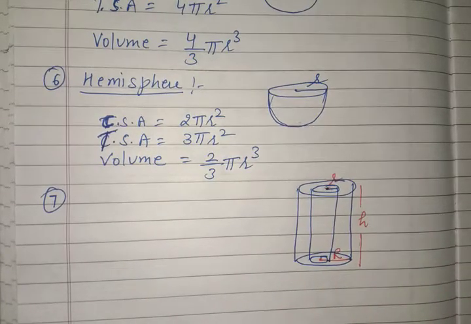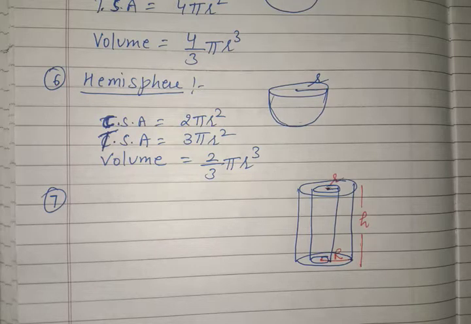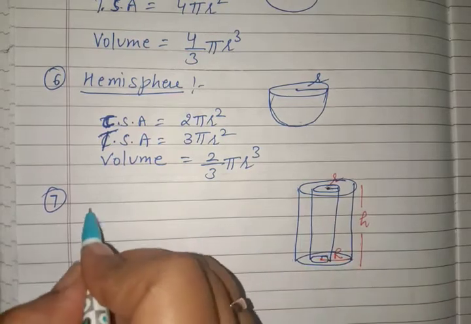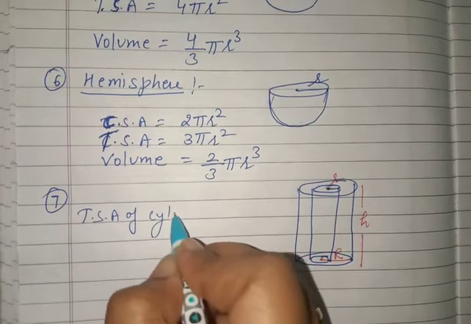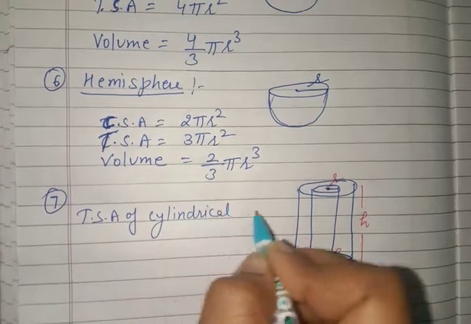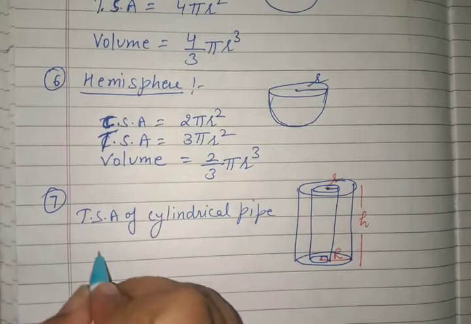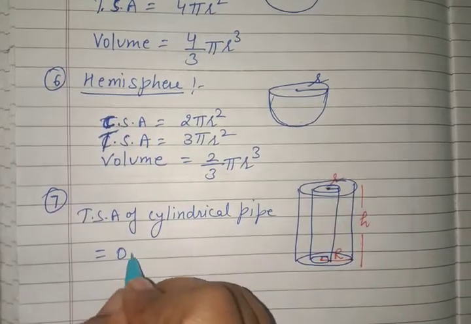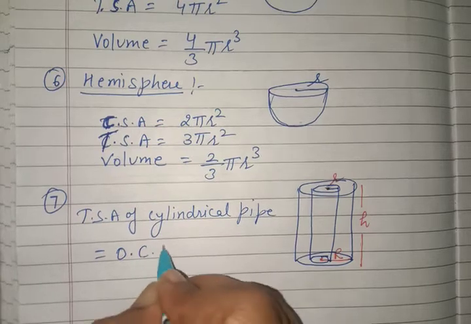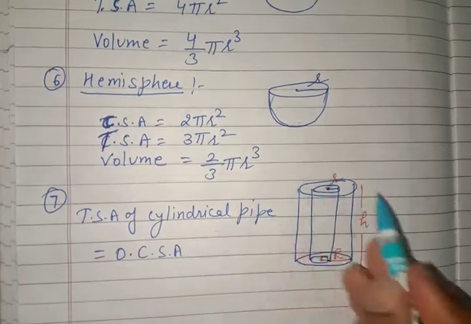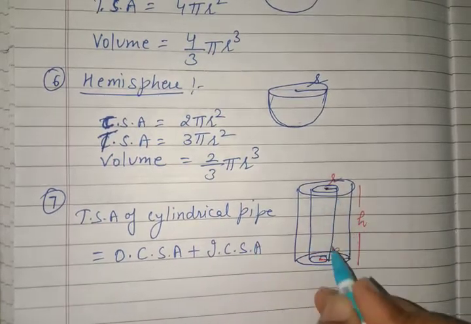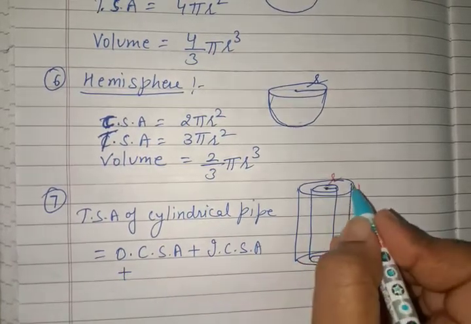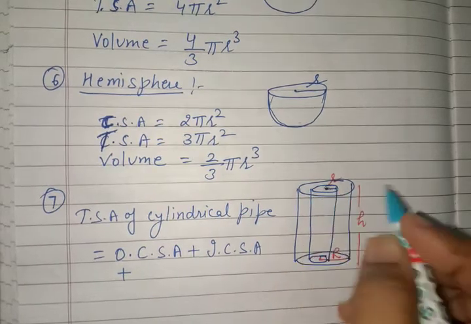So if we consider its total surface area, we will just see how many surfaces it has. It has this outer surface. So total surface area of cylindrical pipe is outer curved surface area, means this outer part, plus inner curved surface area, this inner part, plus this thing, which is like a ring.